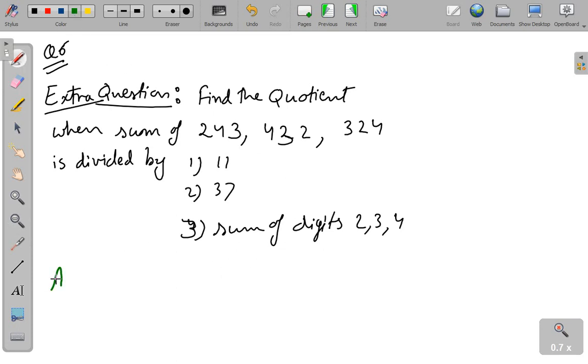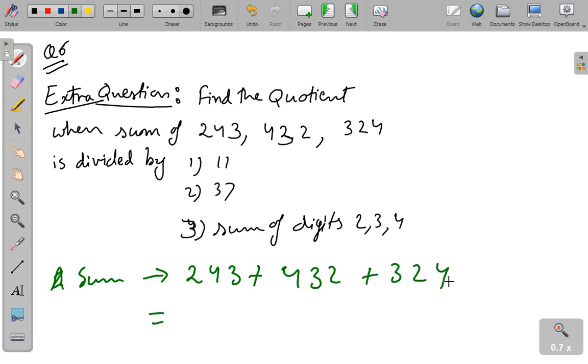First of all, the sum of all these numbers will be 243 plus 432 plus 324. If we add all these numbers, 3 plus 2 plus 4 is 9, 4 plus 3 plus 2 is 9, and 2 plus 4 plus 3 is 9.